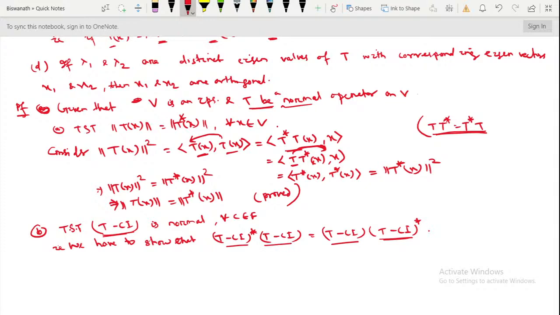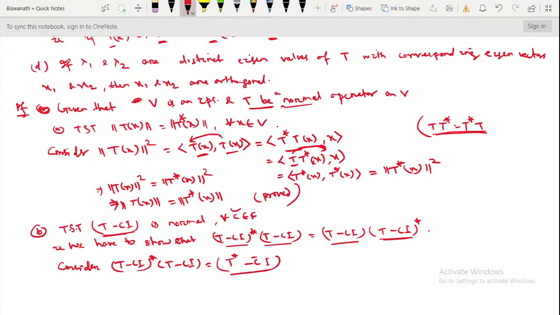So now consider (T minus cI)* with (T minus cI). What will be (T minus cI)*? Since c is any scalar, (T minus cI)* is T* minus c bar I. In the last class I already told you this.